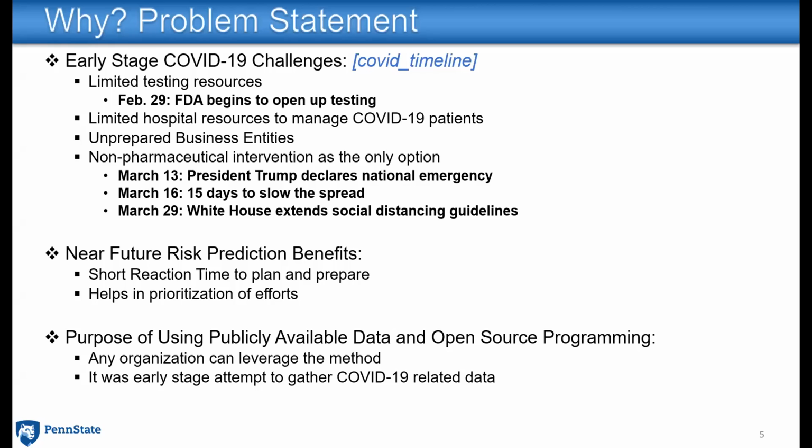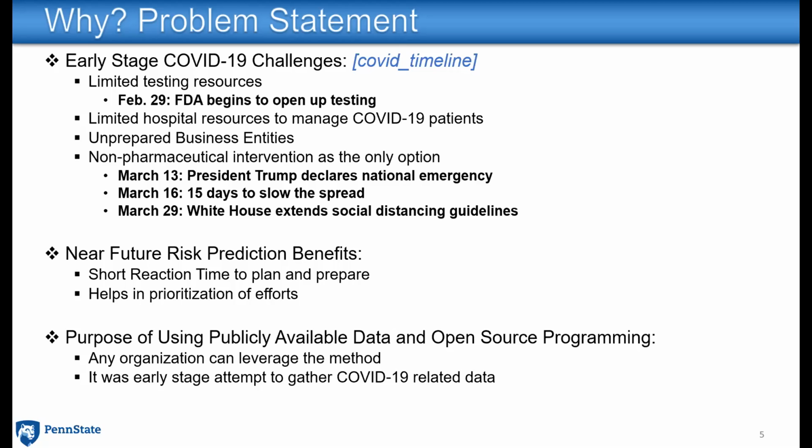So the national emergency was declared, 15 days lockdown was to slow the spread, and then it was extended. So what these timelines tell you, like where we are now, like nobody expected that we would come that far with COVID-19 challenges. So those were the early COVID challenges.